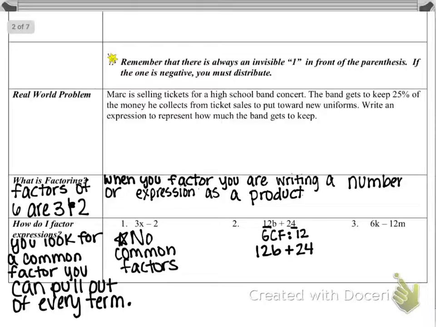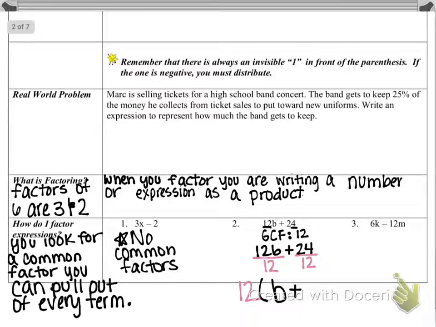So, I'm going to divide 12b by 12, and I'm going to divide 24 by 12. That 12 that I have divided both by is my new outside the parentheses problem. Then the answer to those two division problems I just created is going to go inside. 12b divided by 12 is 1b, or you can just write b.